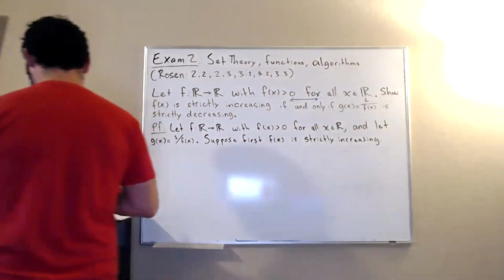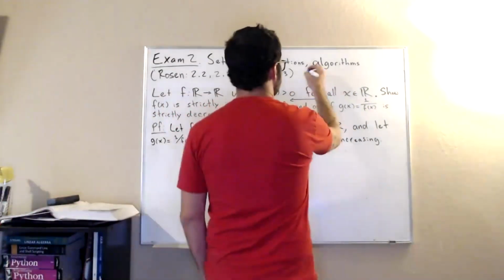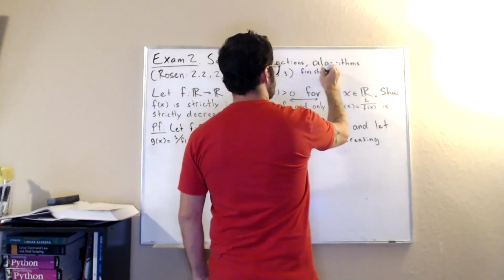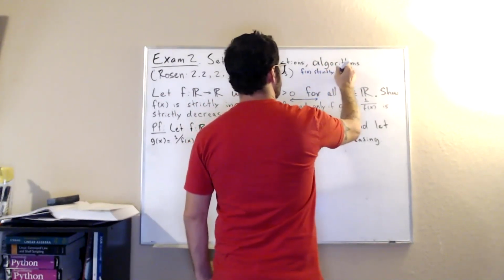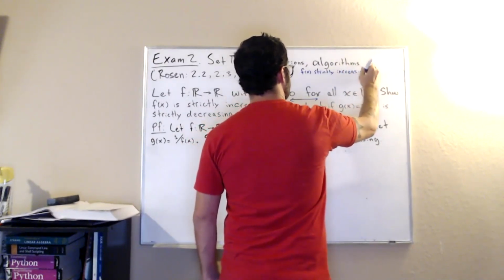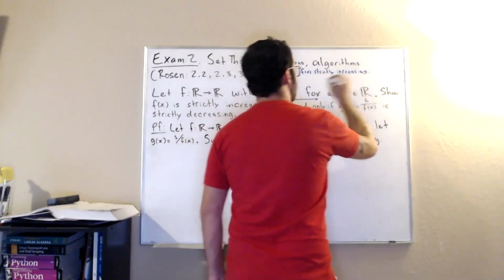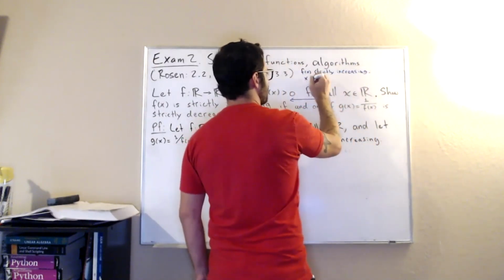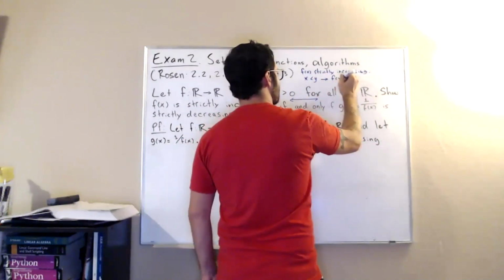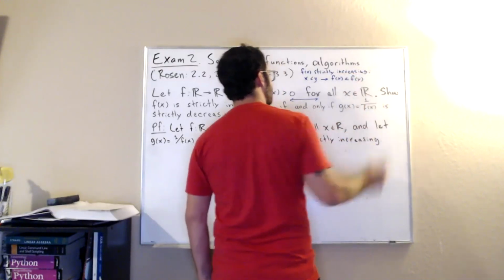Maybe I'll write that up here. f of x strictly increasing means that if x is less than y, then f of x is less than f of y.